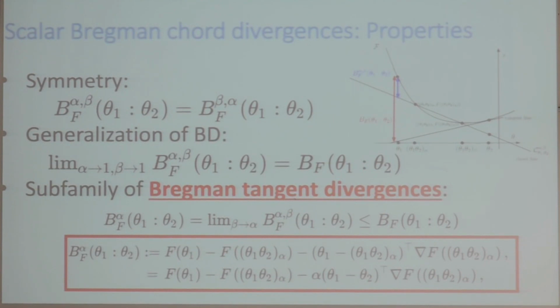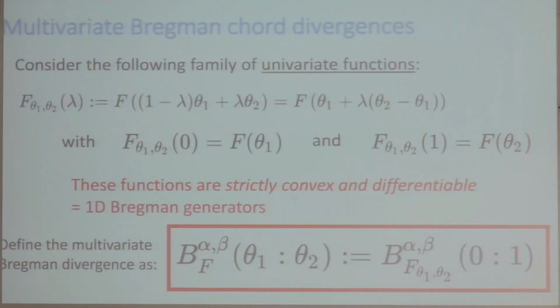And we can also have alpha tend to beta. Then basically we will take a tangent line in between θ1 and θ2, not the tangent line at θ2, but in between θ1 and θ2, and this will be called the tangent Bregman divergence. Okay, so you can have a subfamily of Bregman chord divergences by doing that.